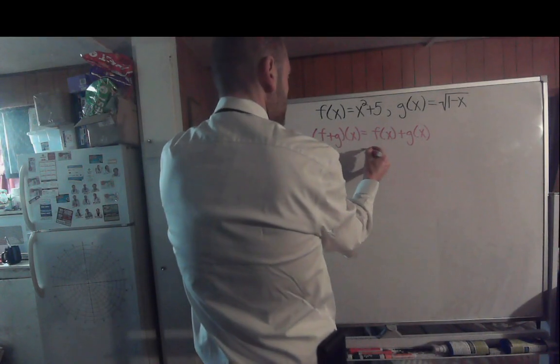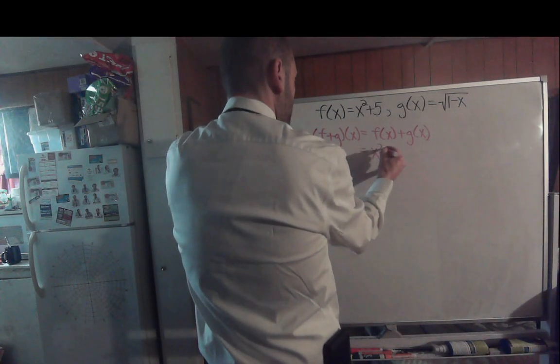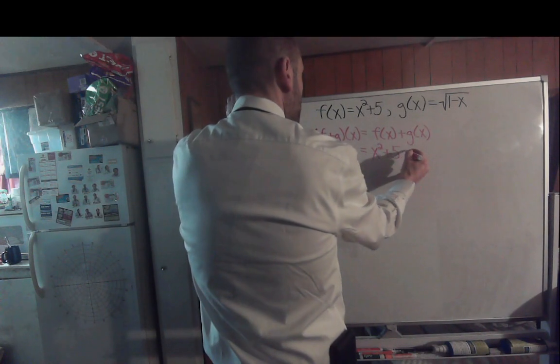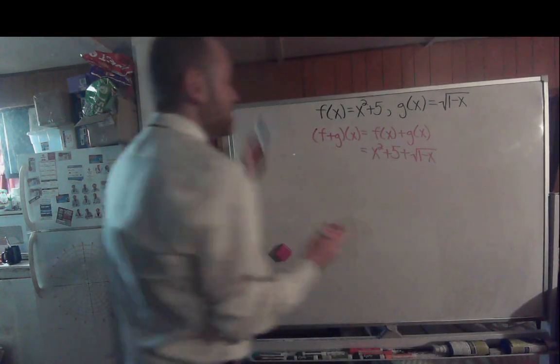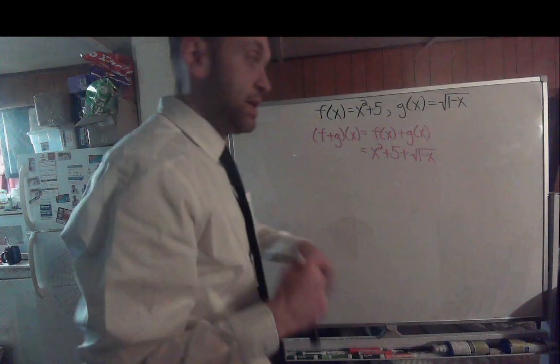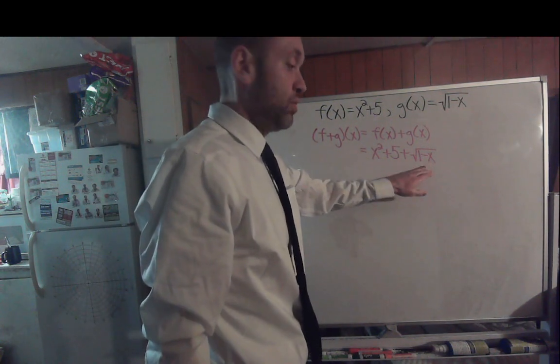And then, of course, that would end up being x squared plus 5 plus the square root of 1 minus x. But we do have a domain to consider, don't we?